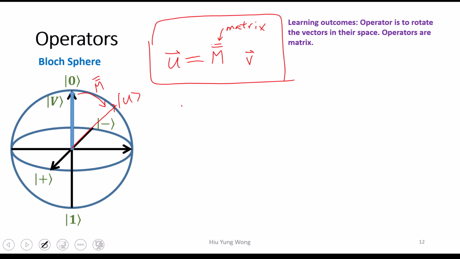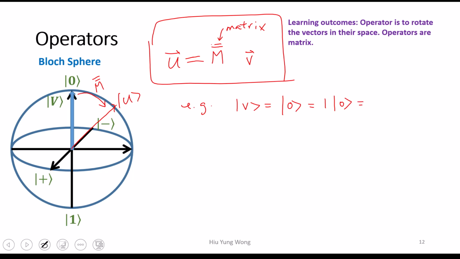For example, here, what is V, by the way? For what I put here, what is V in the 0 and 1 basis? What is V? One zero, very good, just 0. Or, as someone says, just 1 times 0.